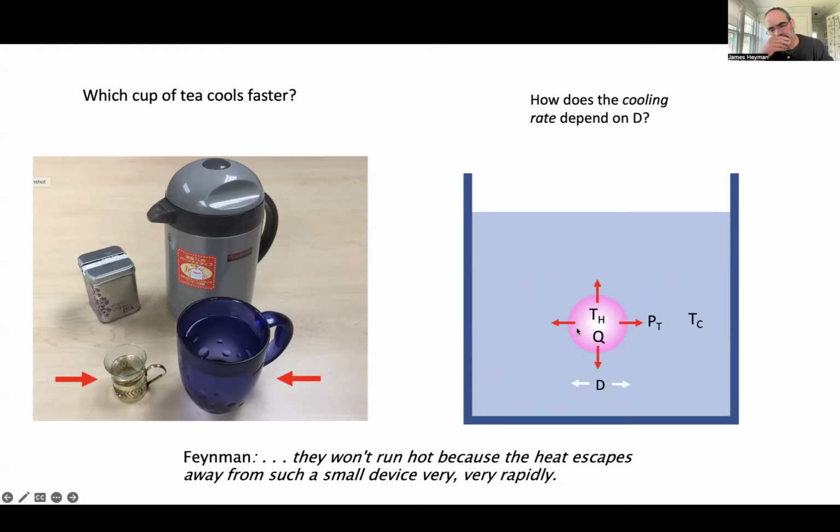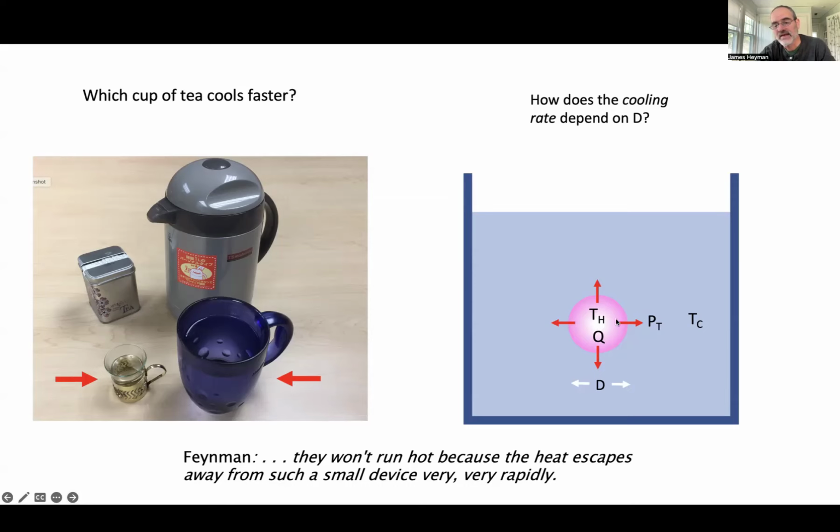And we can describe this object with the following variables. The object is hot, so it's at some temperature TH. Alternately, we can say it contains a certain amount of excess heat energy, Q. The hot object transfers heat to the environment, it cools, and the heat transfer in joules per second is PT.